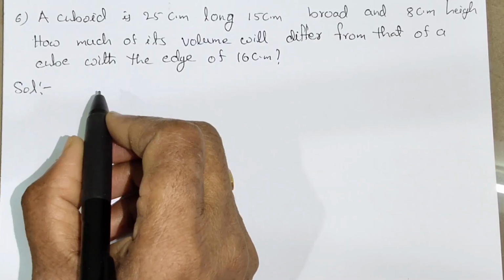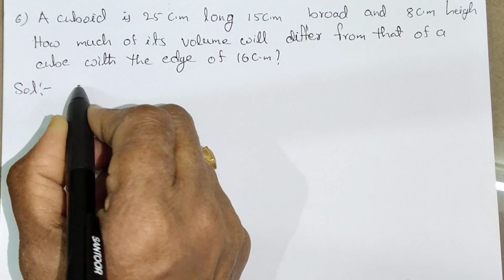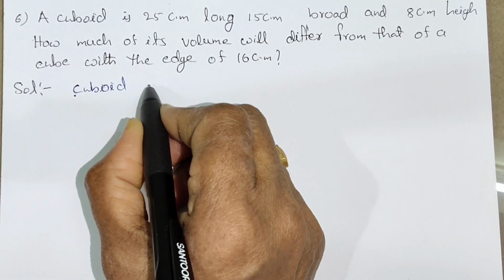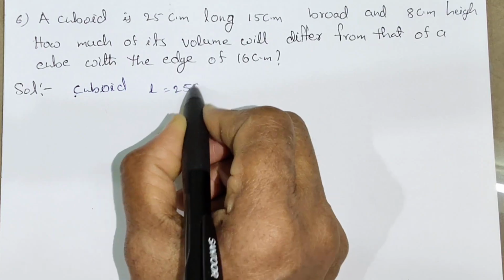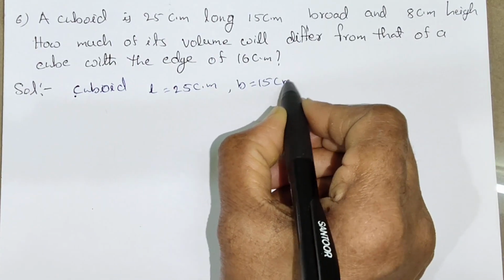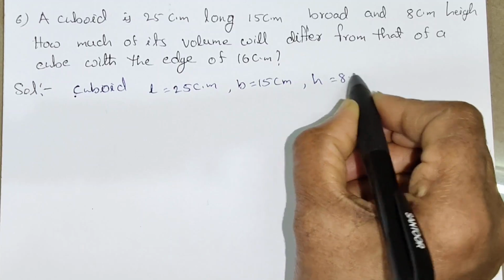Now first the cuboid. The cuboid measurements are L equals 25 centimeters, B equals 15 centimeters broad, and height equals 8 centimeters.